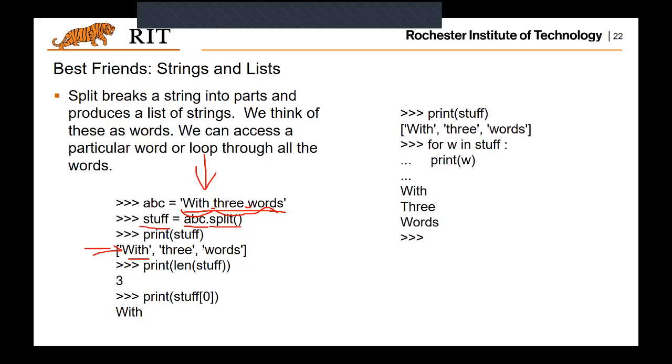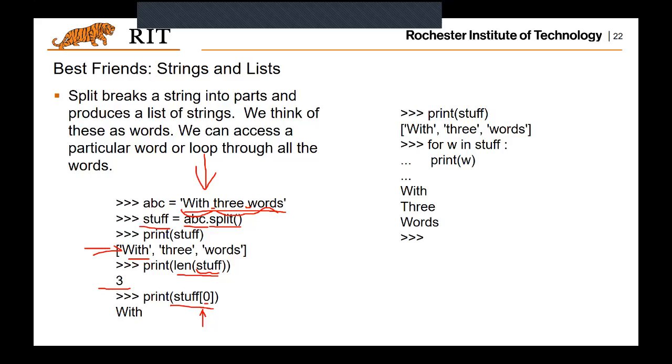Also, if you use len to measure this stuff, it has 3 elements, right? 3 words, 3 strings. And you can also use the index to access each of the elements in that list.